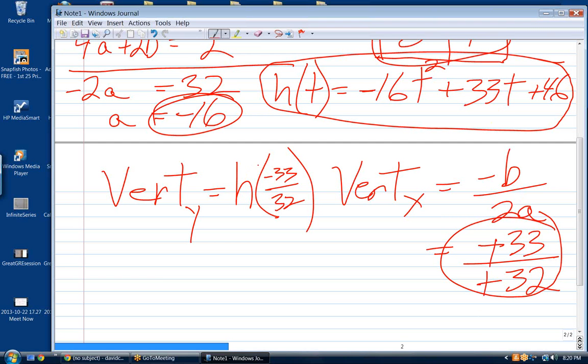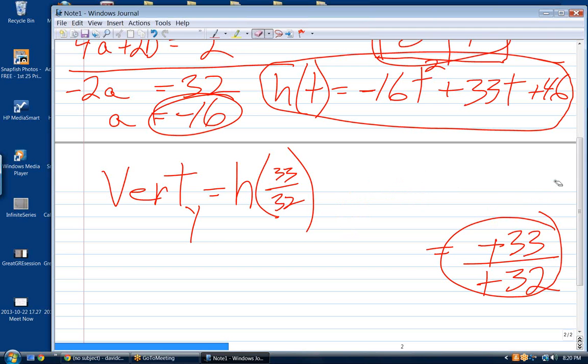So it's a positive, but it's still 33 over 32. The time that the maximum height occurs is going to be 1 and 1/32 seconds. The height that the ball will be at will be h of 33 over 32.